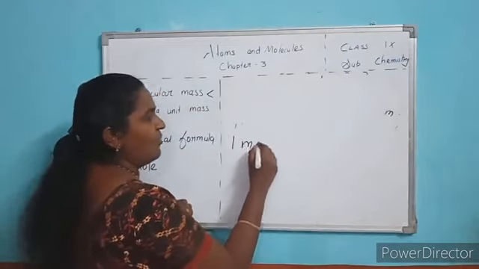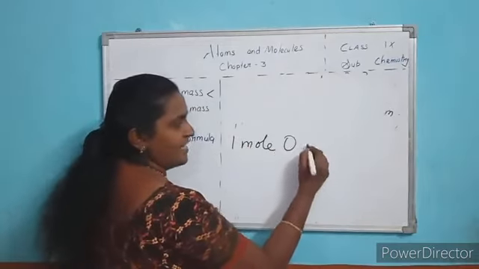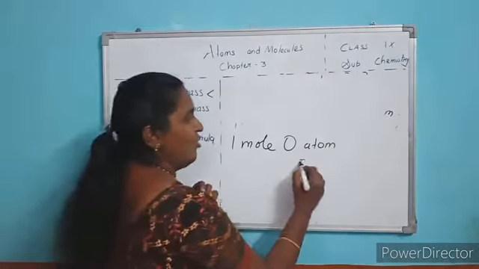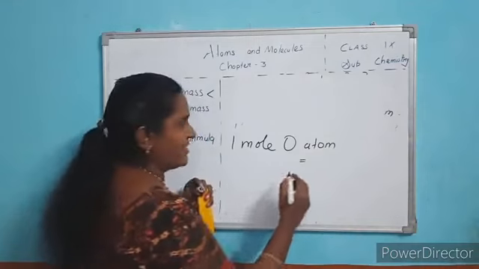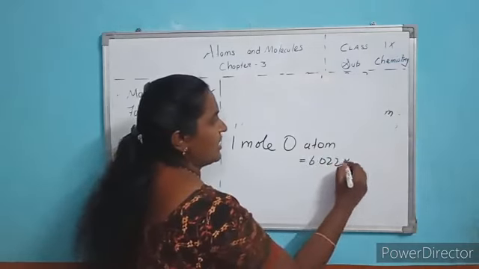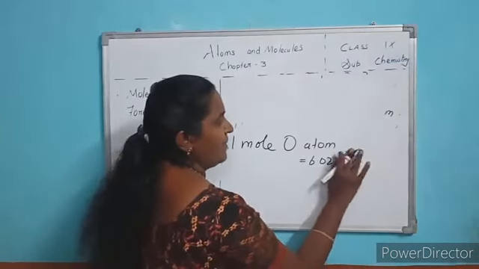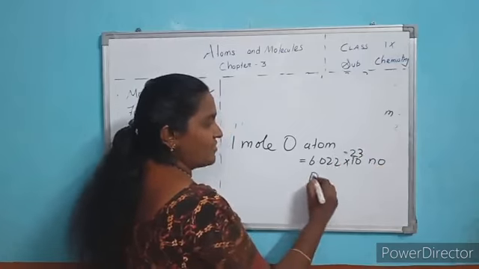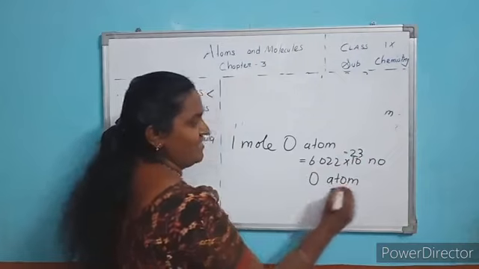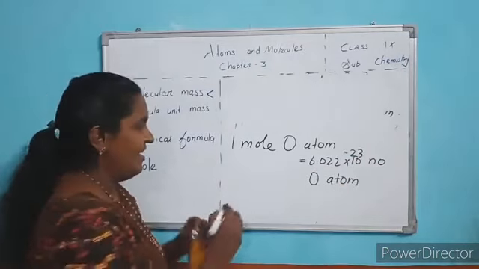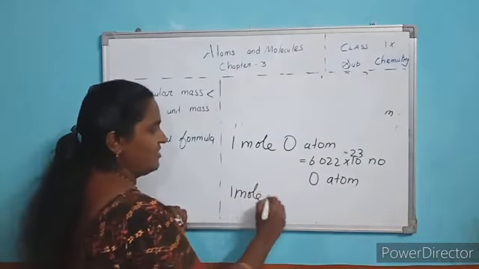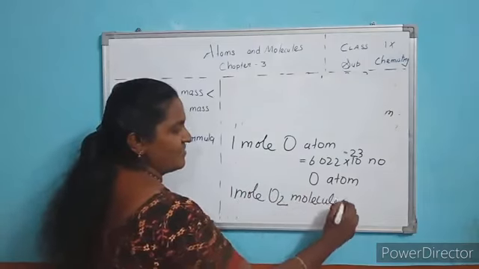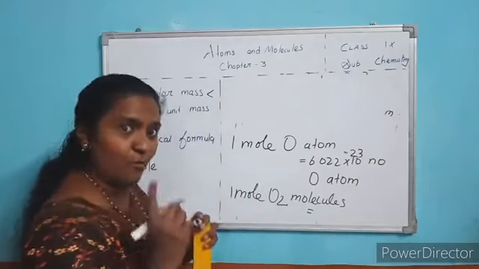Again listen. 1 mole of oxygen atom. This is 1 oxygen atom. How many oxygen atoms? 6.022 into 10 raised to 23 number of oxygen atoms. Now 1 mole of O2 molecules contains how many O atoms?